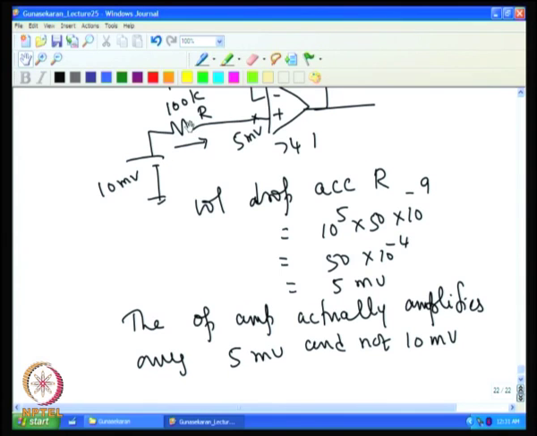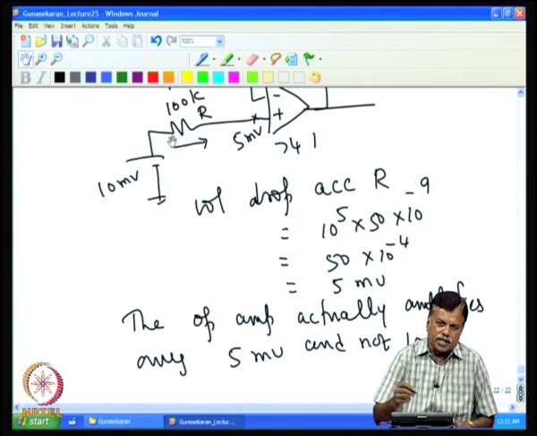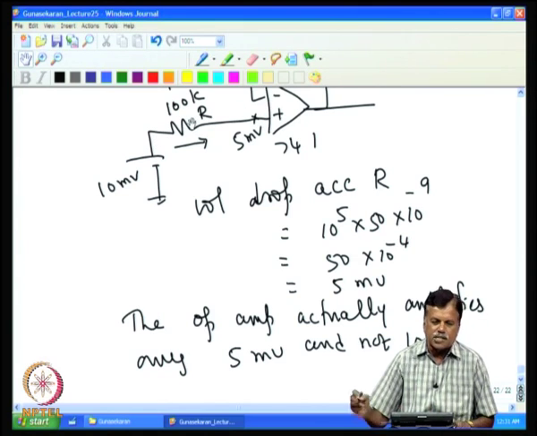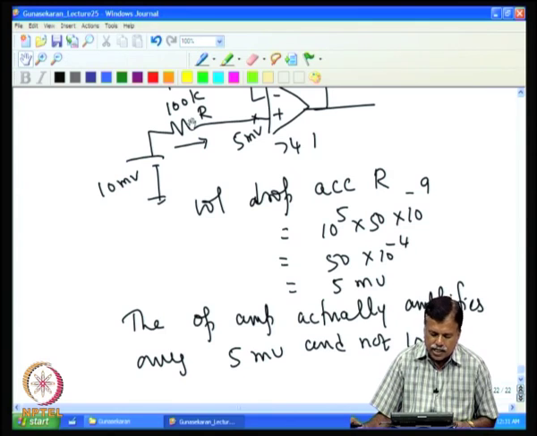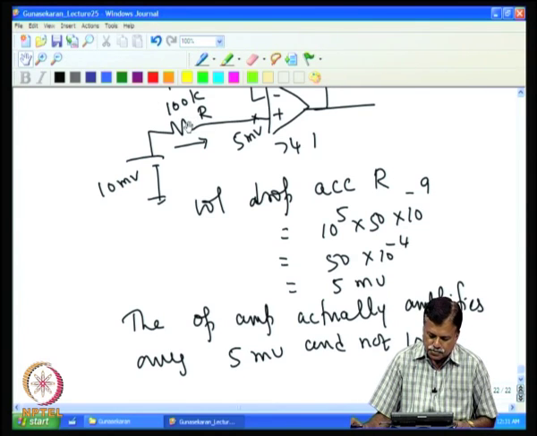For example, this 100k may be a source resistance itself, or sometimes we add this resistance for protection purpose, because we do not want some large current to flow into the op amp. So, we add this resistance to limit the input bias current. In that case this resistance introduces error.